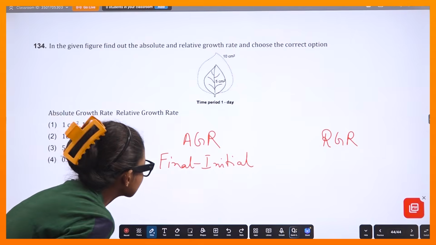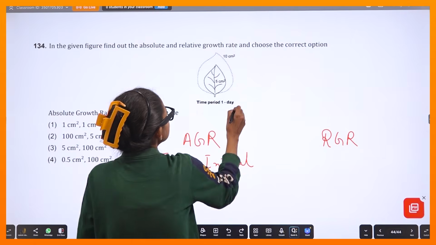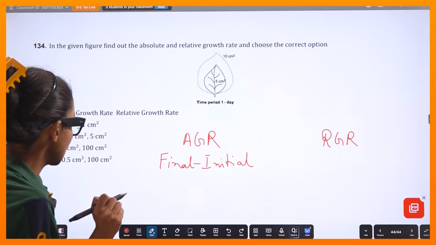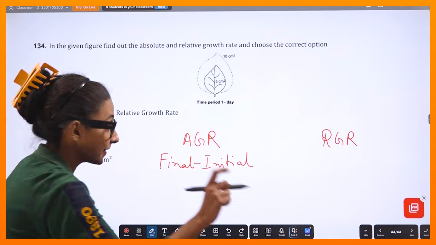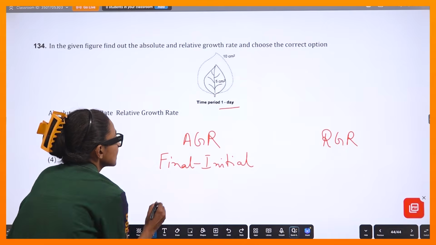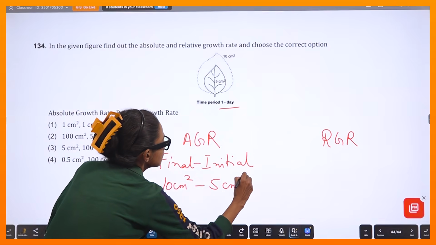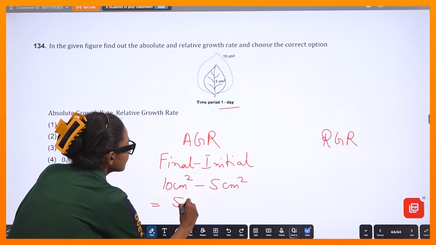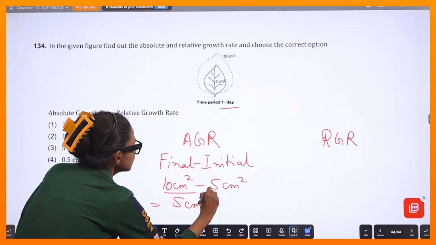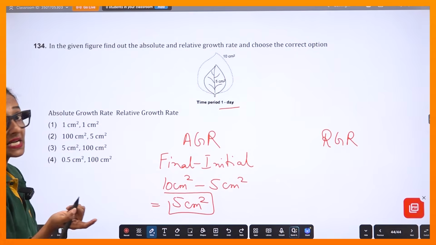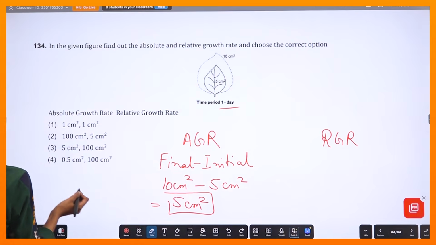And the time period here is 1 day. So that means 10 centimeters square minus 5 centimeters square will give you 5 centimeters square per day. Correct? So 5 centimeters square means this option.